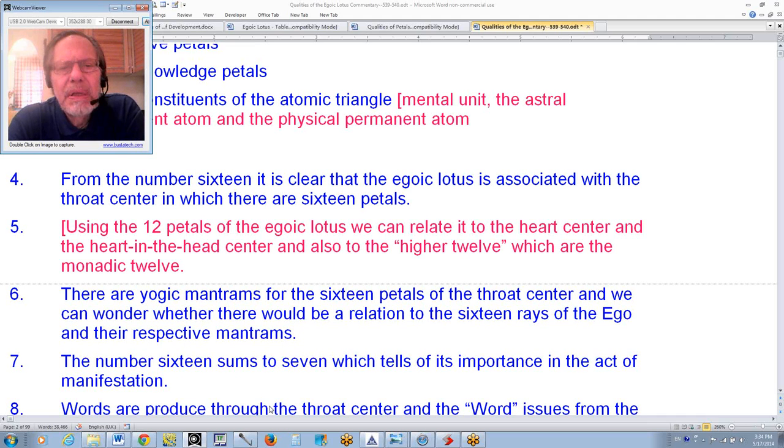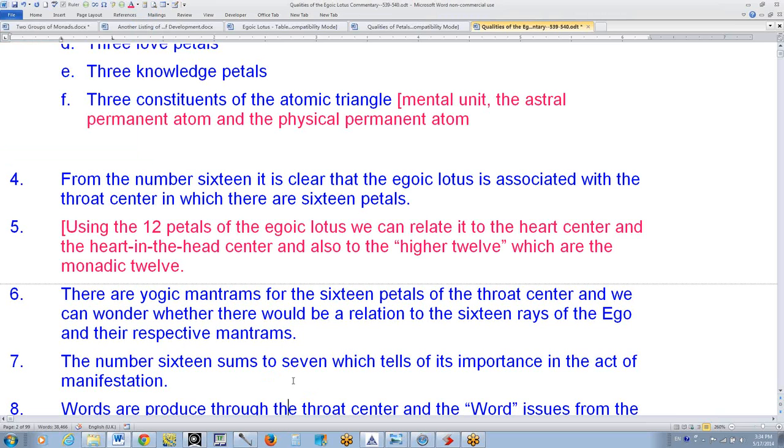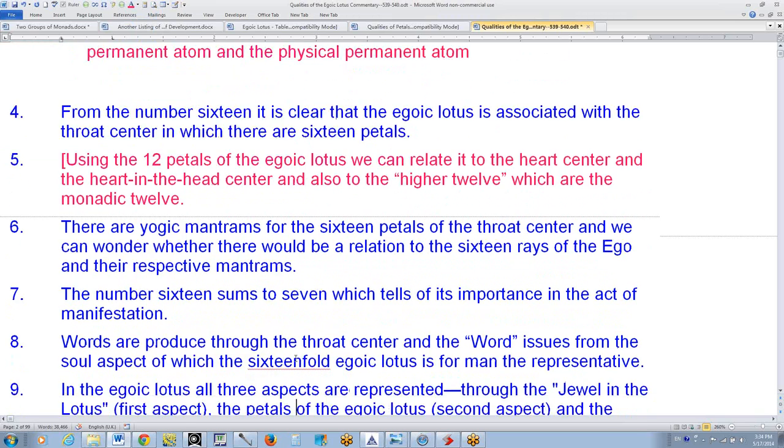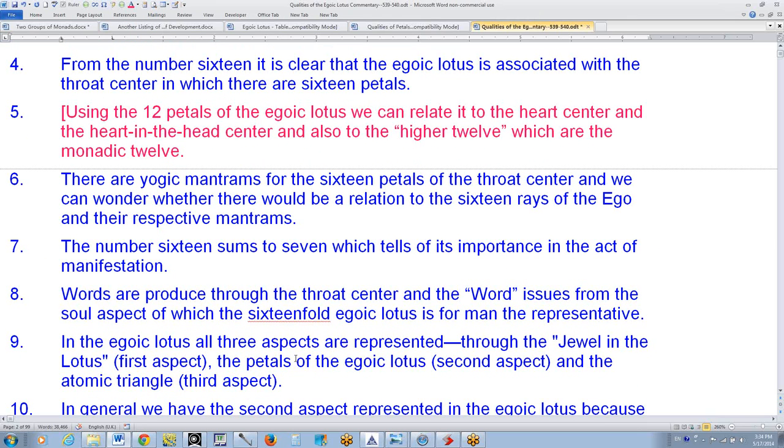So we know how important the Egoic Lotus is in the whole question of manifestation. It is important in the act of manifestation because it sums to 7, and 7 is really the number of embodiment.